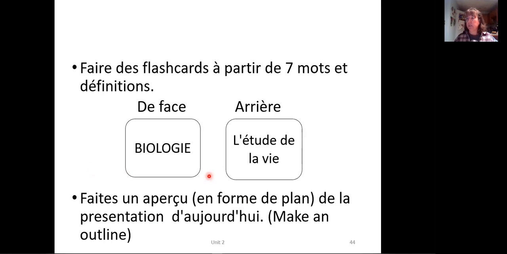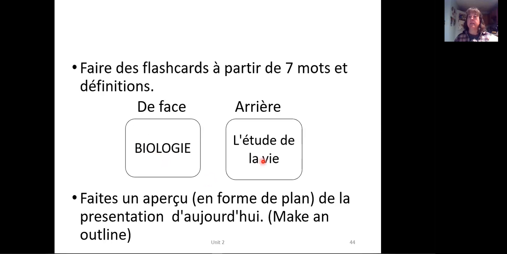information. A flashcard is a card that has information on one side. So to have a question on one side and an answer on another. So you can cut up paper to make flashcards. You can use sticky notes, whatever you have. In this example, we write biology on one side.